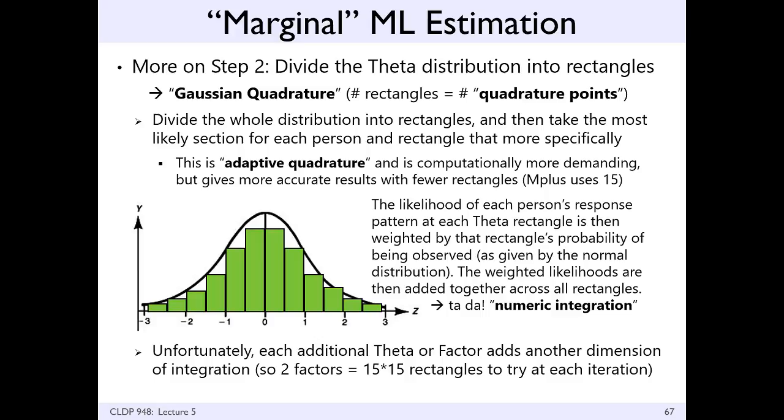So we know what theta's distribution is, right? It has a mean of 0 and a variance of 1. So it will pick the 15 intervals and cut it up as such. We then try on a theta out of each of these intervals, see how likely the data is for that, try another one on, see how likely it is, try another one, and we add up the heights of all of these tries for each person.